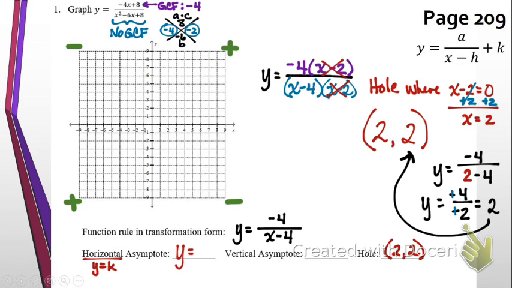So y equals what? 0. Where's my vertical? X equals 4. All right, so let's plot our vertical and horizontal next. Horizontal, y equals 0, so that's right here. Vertical, x equals 4, that's right here.